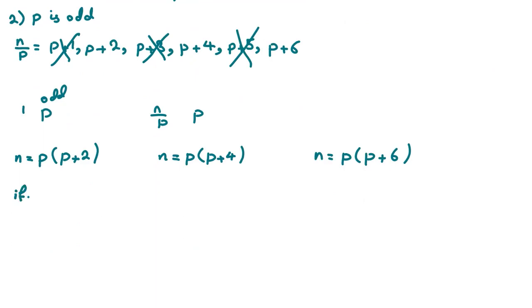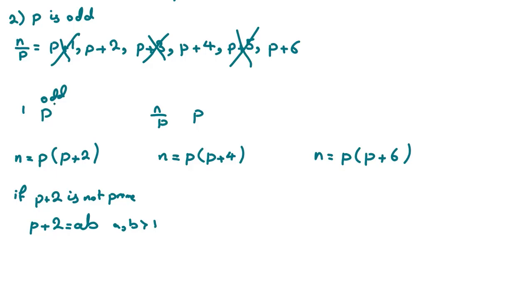Why? If p plus 2 is not prime, then we can say what? We can say p plus 2 is ab, and I want to prove a and b, the product of two divisors, are greater than 1. Because the smallest divisor of n, a and b are also divisors of n, because divisors of p plus 2 are divisors of n.